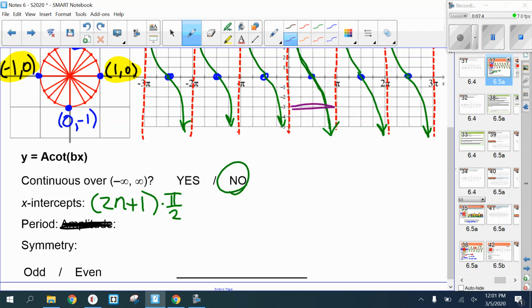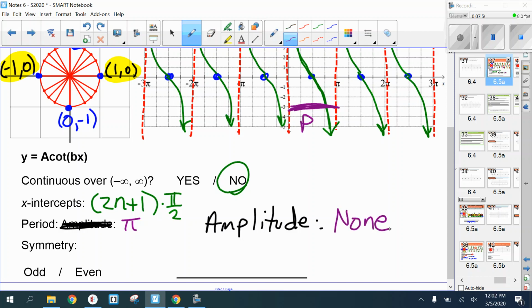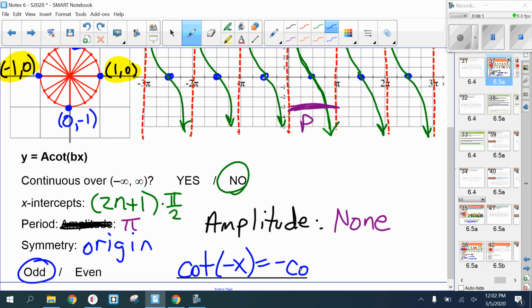The period is that distance between the asymptotes, and the period is pi here. And again, technically, we can't call that an amplitude. There's no maximum. This has symmetry with respect to the origin, just like the other, making it odd and giving it this property. Cotangent negative x equals negative cotangent x.